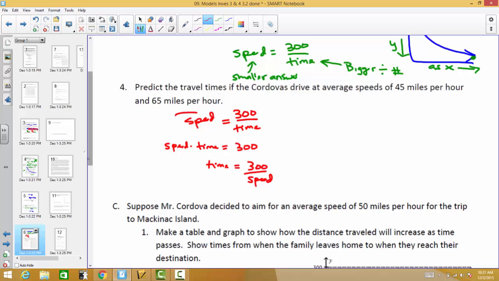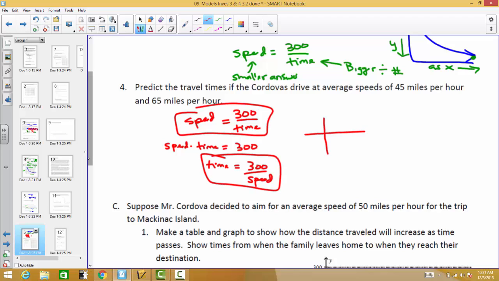Same thing. This is the same as this. They're all the same. So if you know that you have a perfect, always 45 mile per hour, which would be really hard, you could do 300 divided by 45, and you would get 6 2/3 hours.